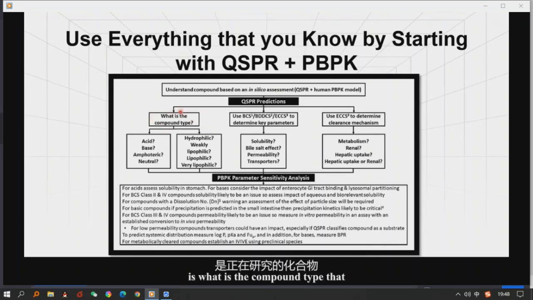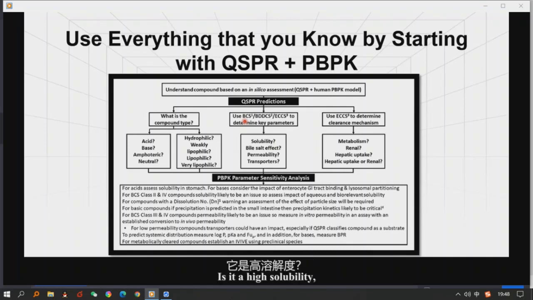So if we look at this flow diagram, the first question that you would ask is, what is the compound type that you're working with? Is it acidic? Is it basic? Is it amphoteric? Is it neutral? And then is that compound lipophilic or is it hydrophilic? Then what type of compound in terms of the biopharmaceutical classification system are you working with?